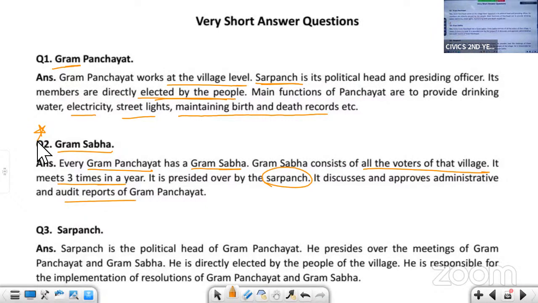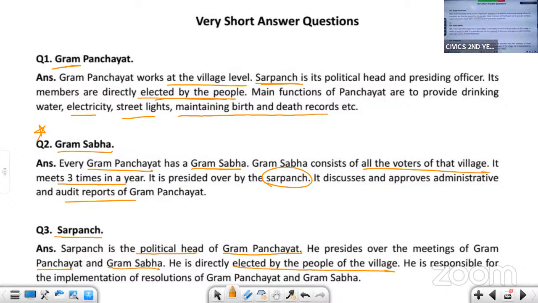Next, coming to the next question, Sarpanch. Who is the Sarpanch? He is the political head of Gram Panchayat. He conducts the meetings of Panchayat as well as the Gram Sabha. He is directly elected by the people of the village.